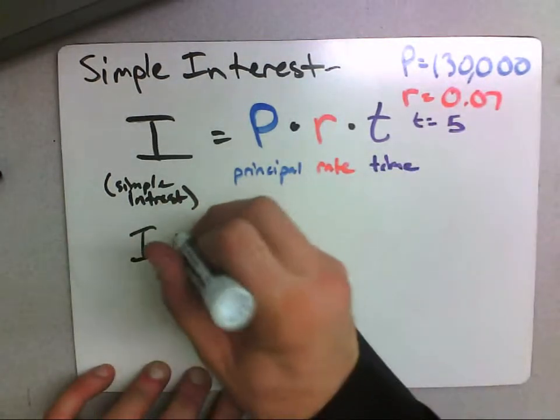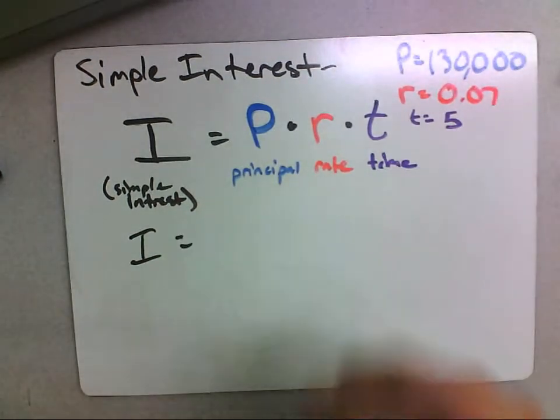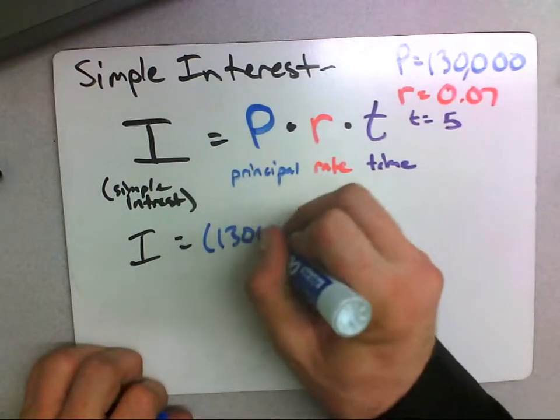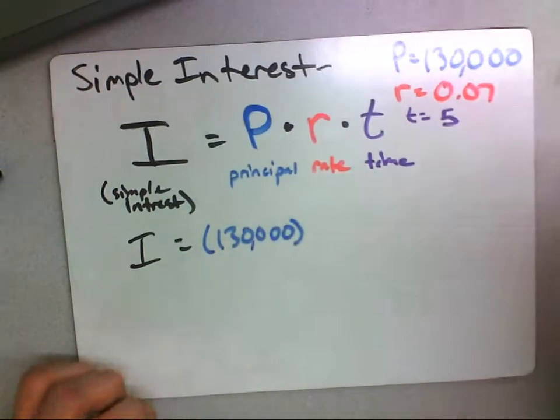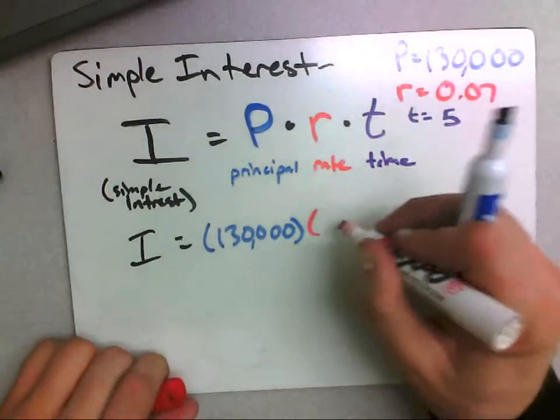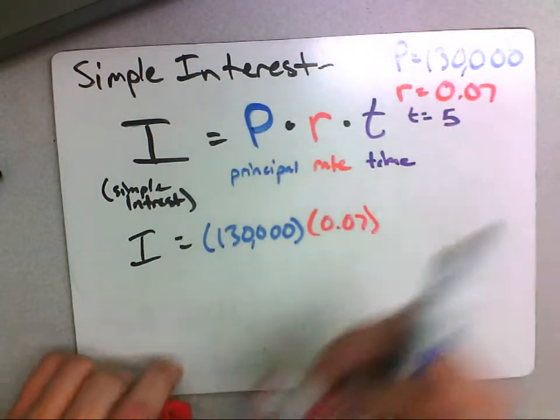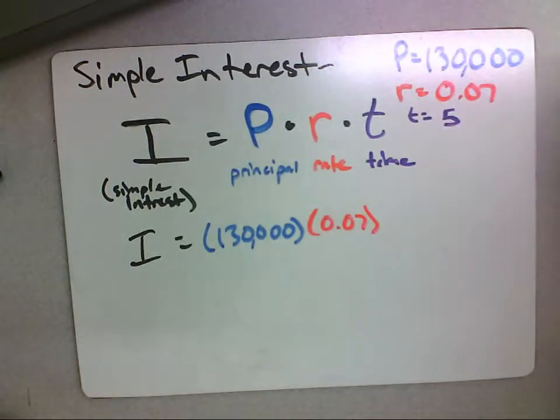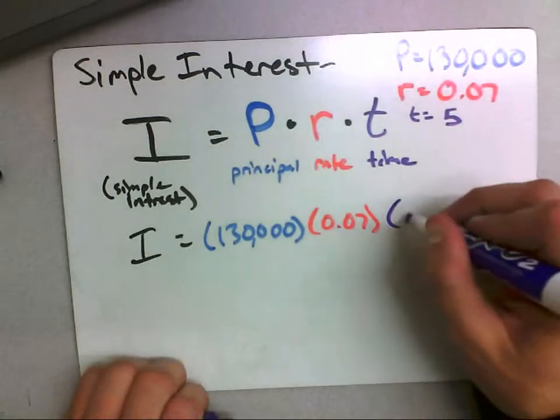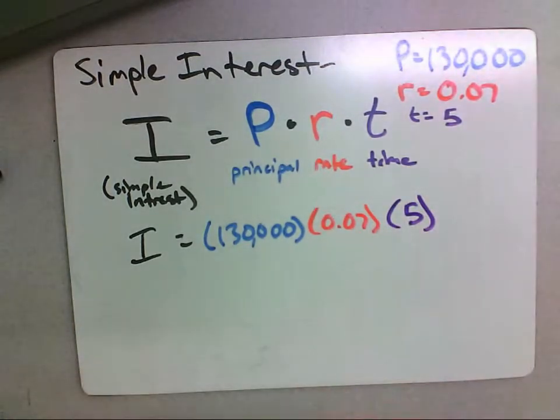So, simple interest is equal to 130,000 times the rate times the time in years.